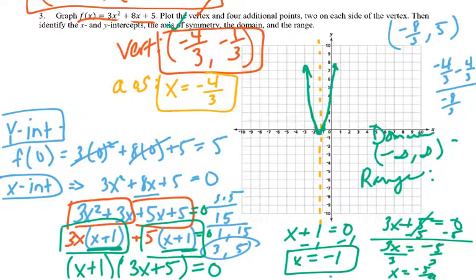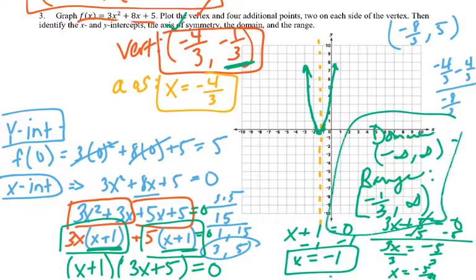The range starts from our lowest y value, which is the bottom point of our parabola, our vertex, the y coordinate of our vertex. So that's going to start at -1/3, and it goes upwards until infinity. This one took a lot more work. This one had harder numbers to deal with because the vertex is not just straight up given to you.